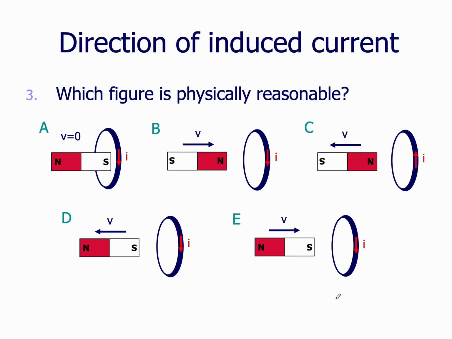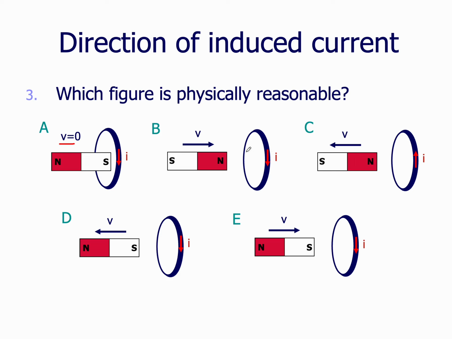So in this case, you've got a coil of wire. The thicker side is the outside of the screen because you have to kind of draw these in 3 dimensions. Only one of these cases is reasonable. And my question is, which one? So in this case, the magnet's not moving, and we've got a current flowing this way around the loop. In this case, it's moving towards it.